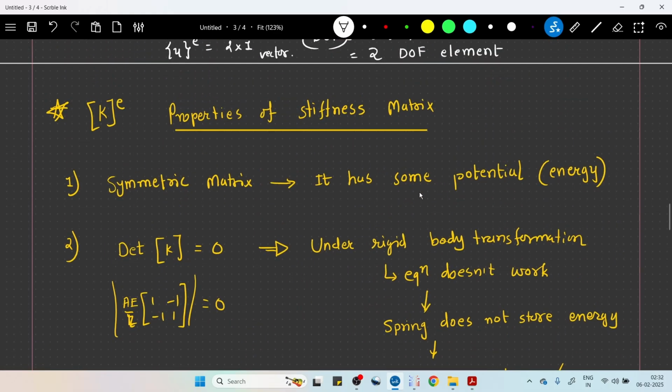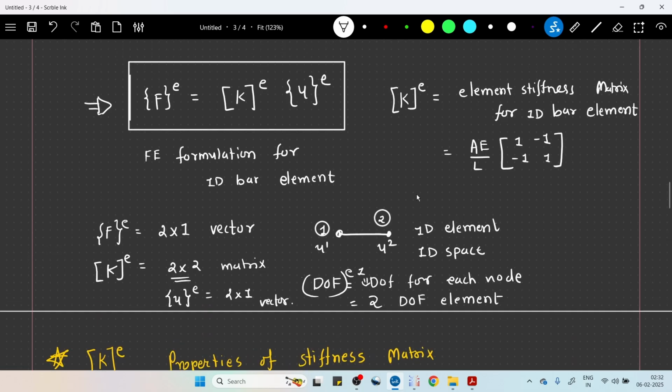Properties of the stiffness matrix. And before that, we tried to find the relationship between force and displacement using the spring analogy. The takeaway from this is that there should be a force displacement relationship.